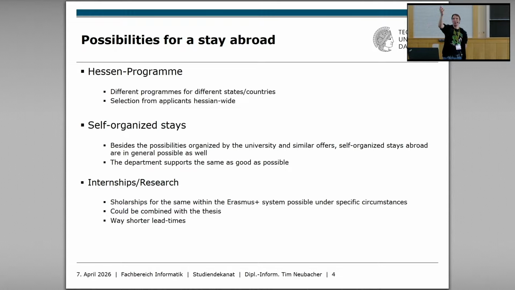That's exactly the difference. So the question is, do you necessarily need a supervisor on the other side as well? No. That comes down to the rules of the other university. If they want you to register the thesis at their university, you will most likely find a supervisor there as well. If they say go for some language classes and whatever you do in your free time is fine, then it's somewhat like an internal thesis here. So it differs from university to university, to be honest.